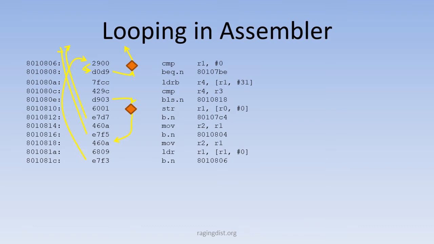D903 is another conditional branch instruction. The CPU will look at the condition and decide whether it will jump down to this 460A or not. It may or may not jump down there. It may continue to next and do 6001, or may jump down to the 460A.